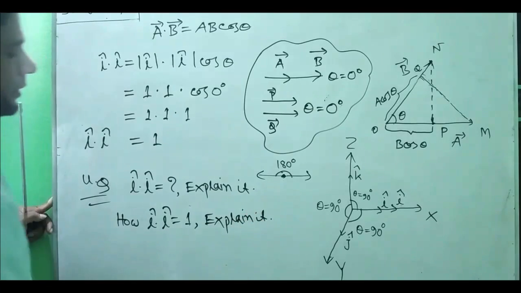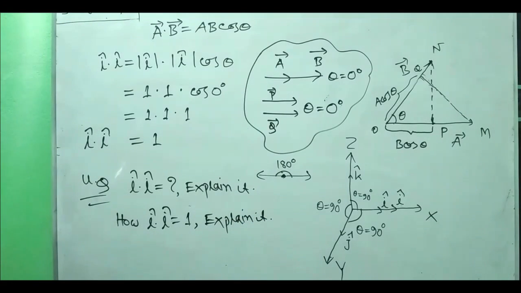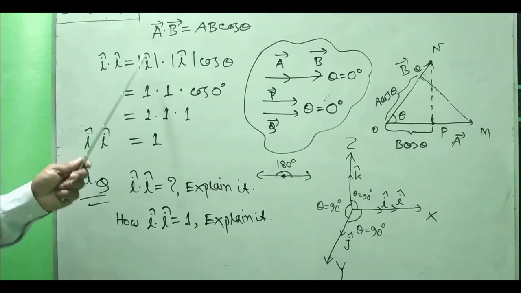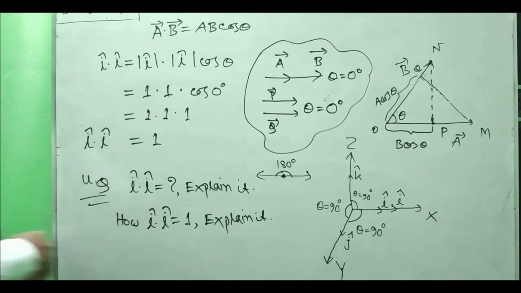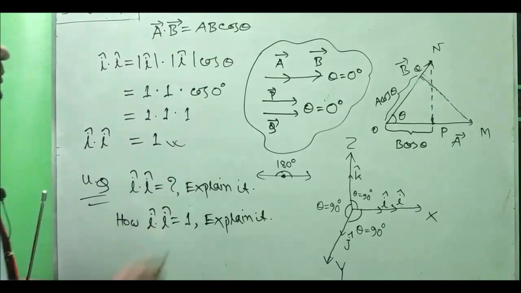Explain it. A student may face this type of information as an understanding based type question. In this case, a student must submit the full information from the start, according to the dot product or dot multiplication.